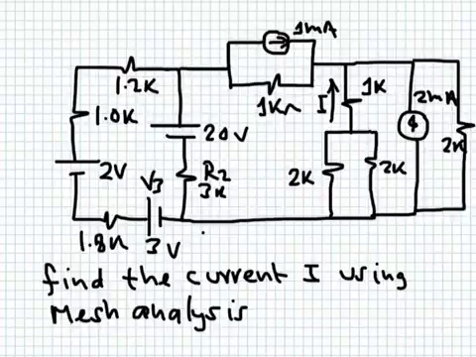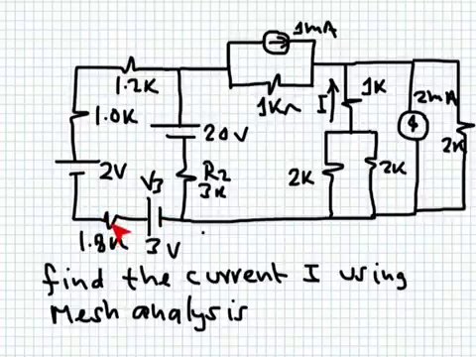So, as I mentioned in classes, do not start to do any mesh analysis or nodal analysis until you have simplified your circuit. So here we can see a number of simplifications that can be made just to make the equations way simpler. We have here 3 volts, and you have here 2 volts. Both of them are trying to push current in the same direction, so we can sum them into one voltage source of 5 volts.